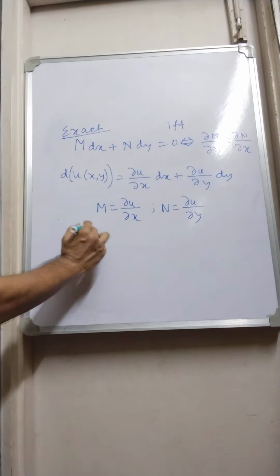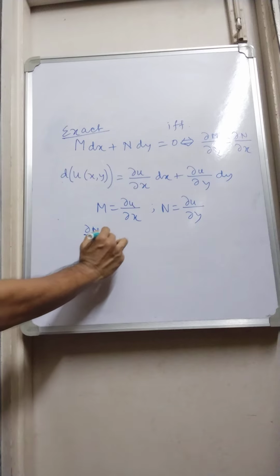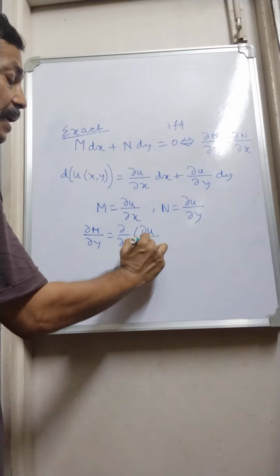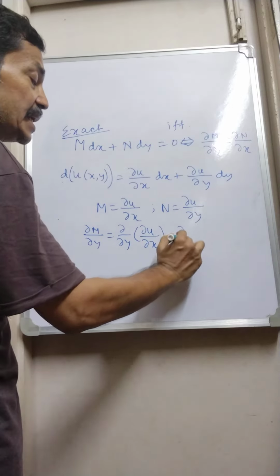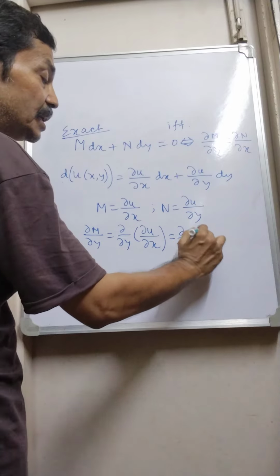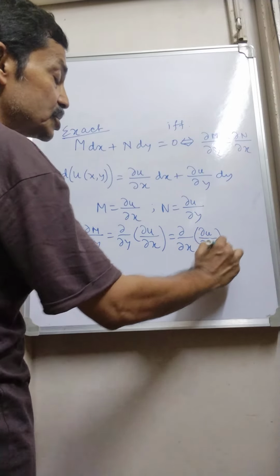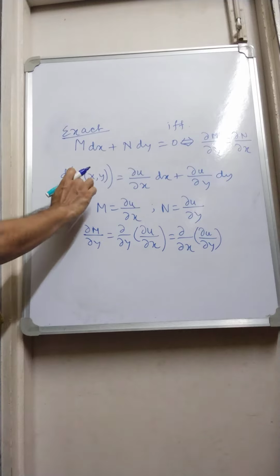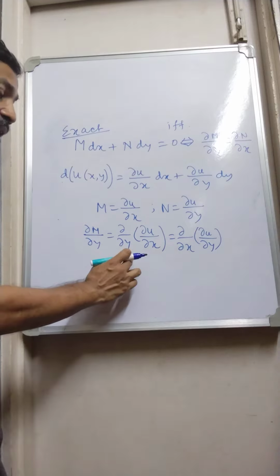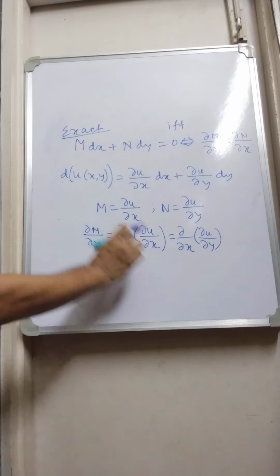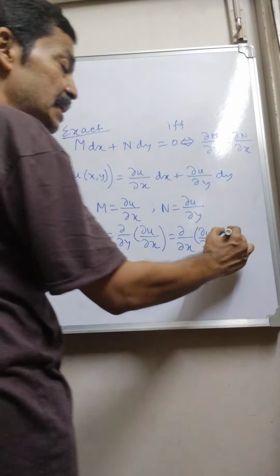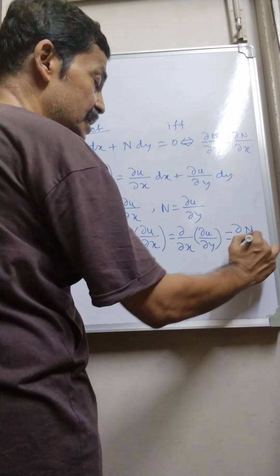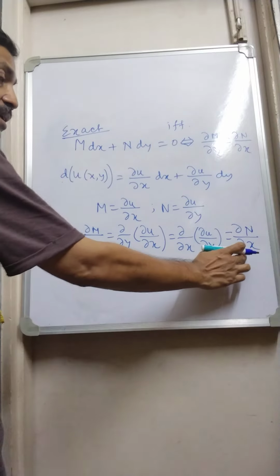So we have ∂M/∂y as ∂/∂y of ∂u/∂x, which may easily be written as ∂/∂x of ∂u/∂y, simply because u is a continuous function of x and y. Whenever u is not a continuous function, we cannot write this, and whenever u is a continuous function, we can flip them. The order of differentiation is commutative, and we have this equal to ∂N/∂x.